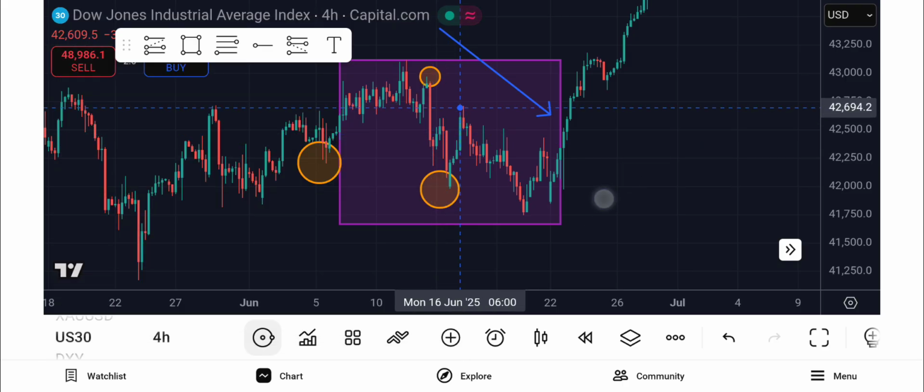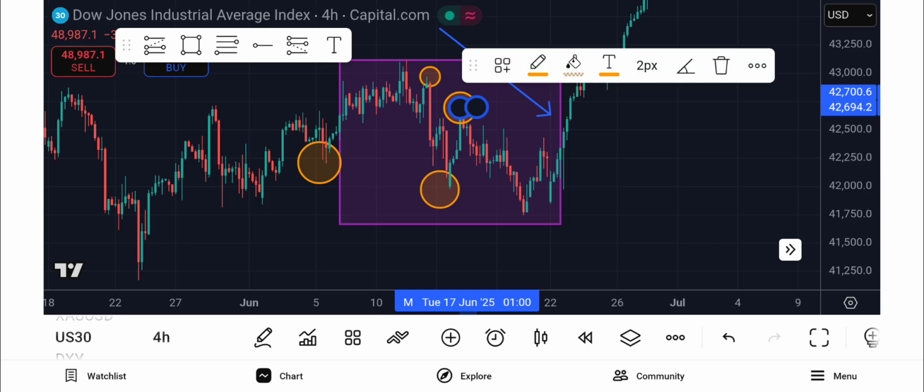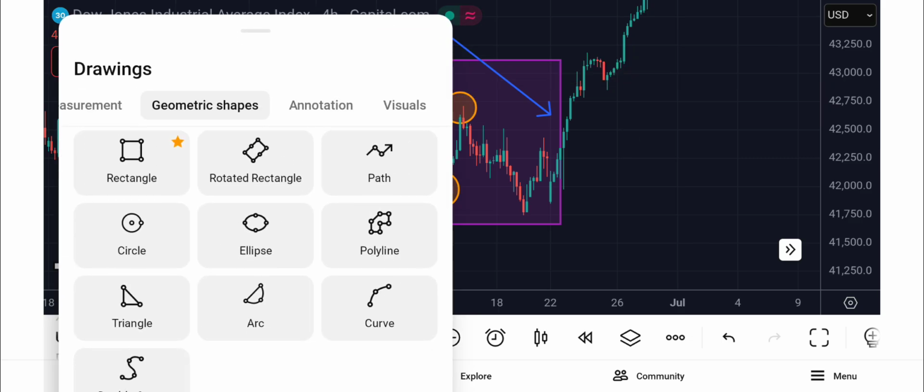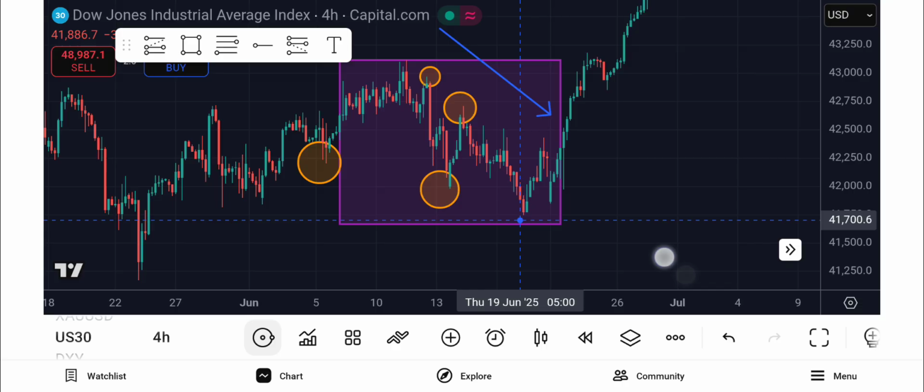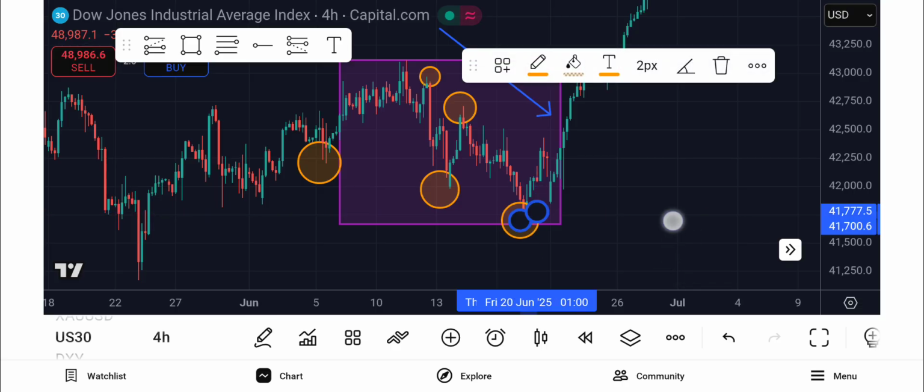Then it came back up to this higher low. And then it came back down, formed another low, higher low, right?